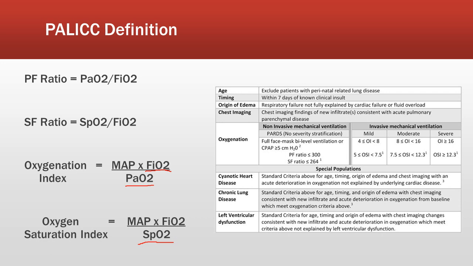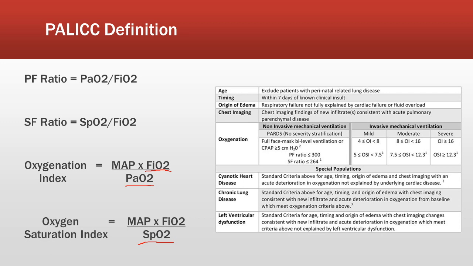Once those criteria are met, then the degree of hypoxemia needs to be delineated. To do this, there's a bit of a breakdown in terms of if you're on a non-invasive form of support versus an invasive form of support. If you are on a non-invasive form of support, this basically means that you are on bilevel ventilation or CPAP. At this point, you have to calculate either a PF ratio or an SF ratio. The calculations for those are listed right here. Of note, the PaO2 does need to be derived from an arterial blood gas sample.